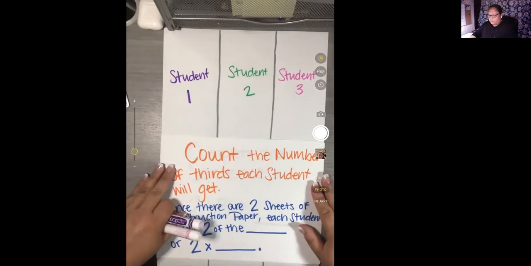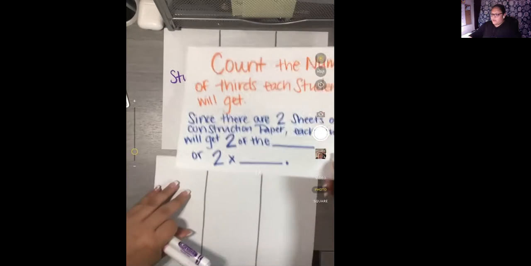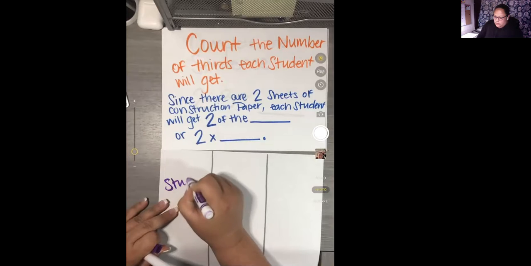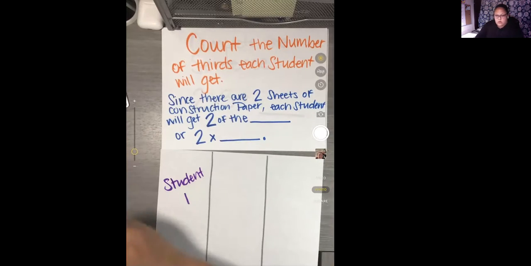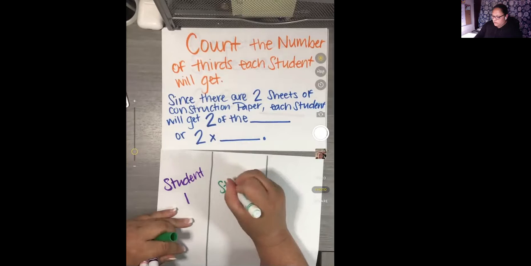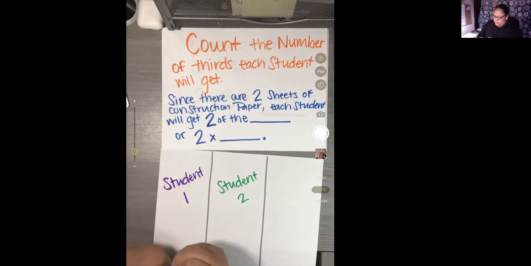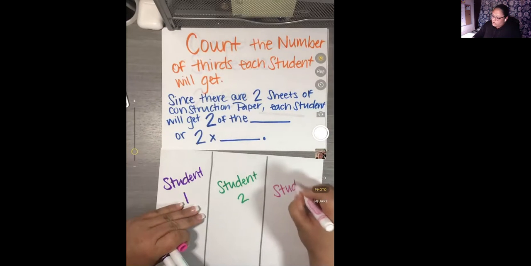I have 1 sheet of construction paper. Let's label the second sheet of construction paper student 1, student 2. We can easily color these again, guys, but I'm not going to color them. Student 3.